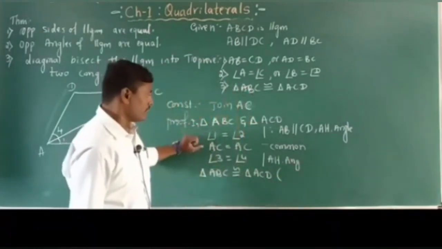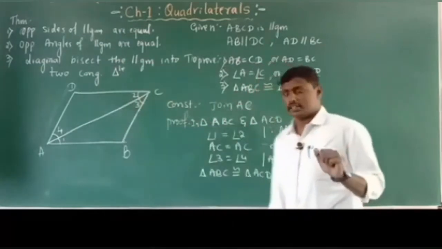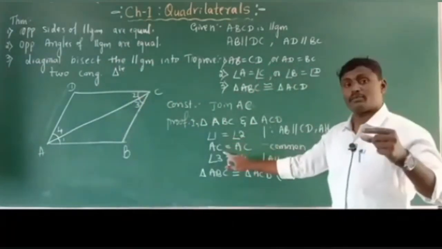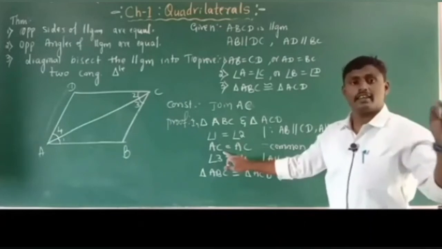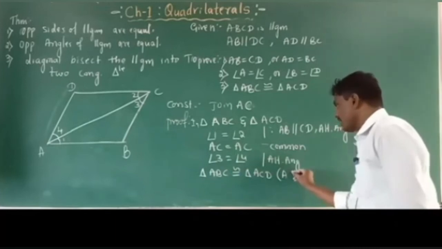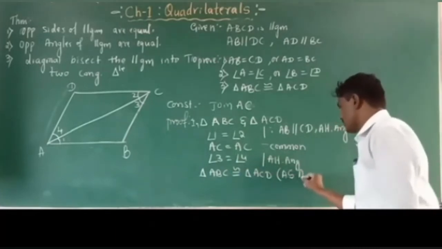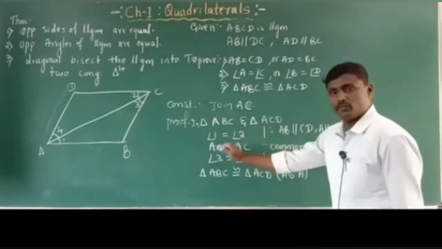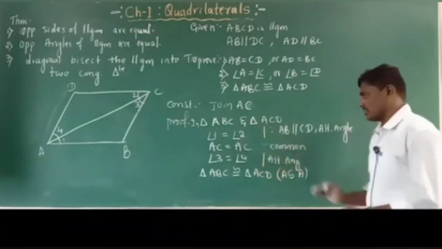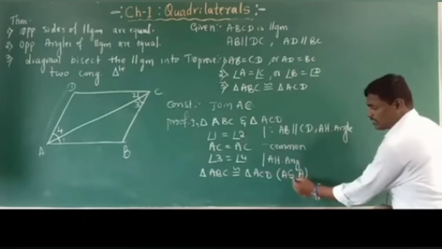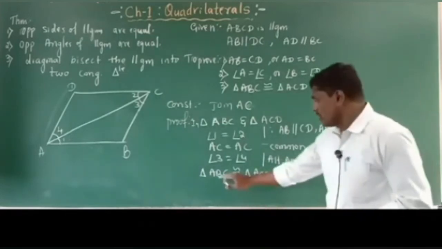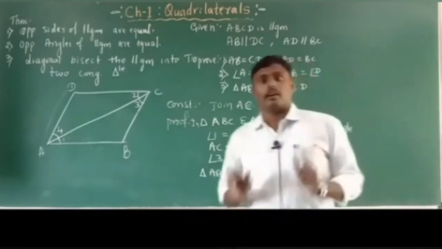Which criterion? Here we are considering two angles and one side, so by using the ASA criteria, the given two triangles are said to be congruent.